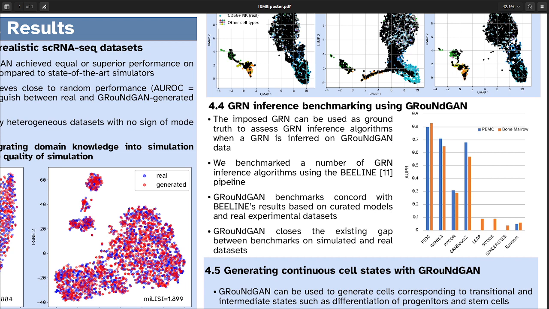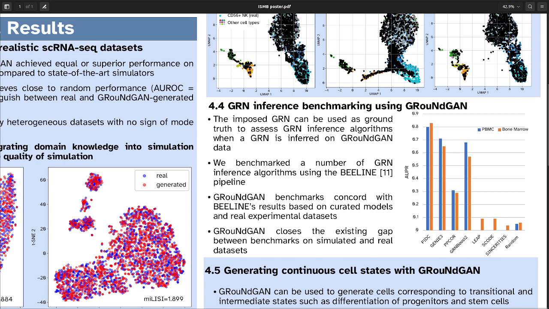And interestingly, BEELINE found that many of these methods that do require pseudotime perform quite well on simulated datasets that have very well-defined trajectories, but their performance drops down close to random when run on curated models and real experimental datasets. And our results, GroundGAN benchmarks here, they're all consistent with BEELINE's results on real datasets and not with their results on simulated ones. So GroundGAN is also helping close down the gap that exists between real and simulated data benchmarks.